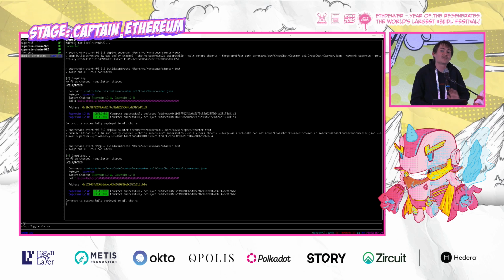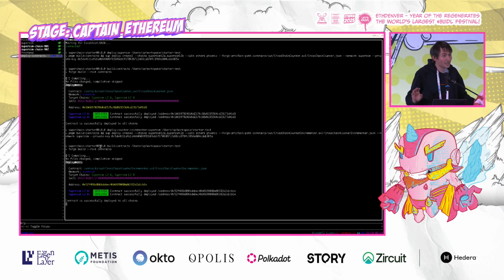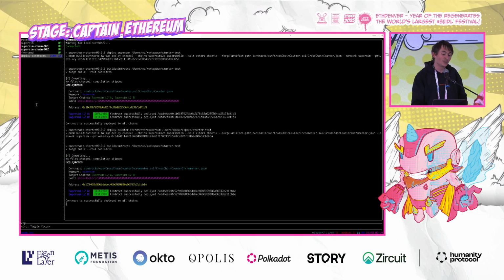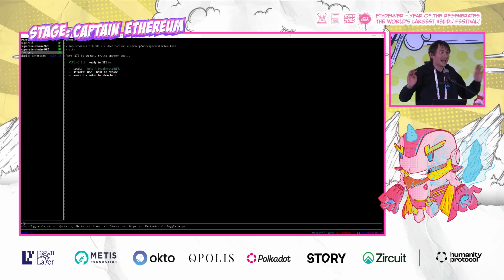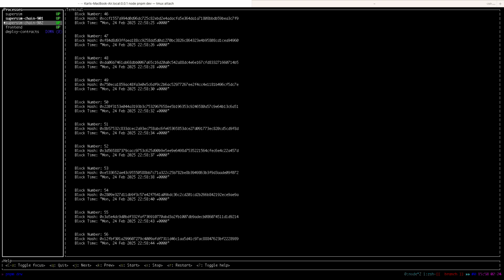We know that it is very hard to deploy these contracts in a multi-chain context. We need to make sure that all of the addresses are the same on all of these chains, which means that we've had to build out tooling to make it easy to deploy your contracts on various chains.